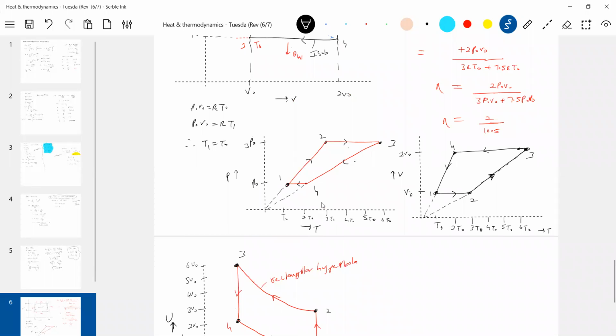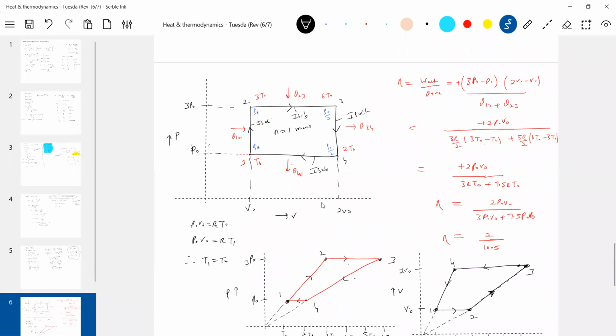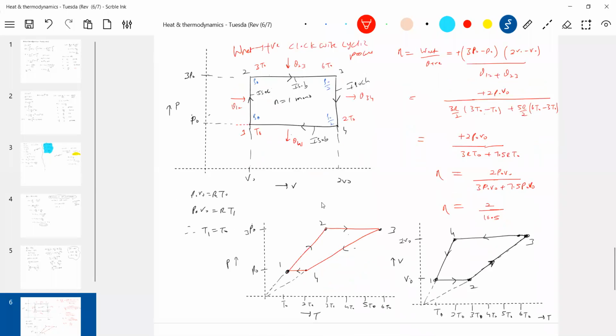Now, some important things are there. What is that? In a PV graph, a clockwise cyclic process, work done is positive, right? Now come for this one. In a PT graph, clockwise cyclic process, work done will be positive.